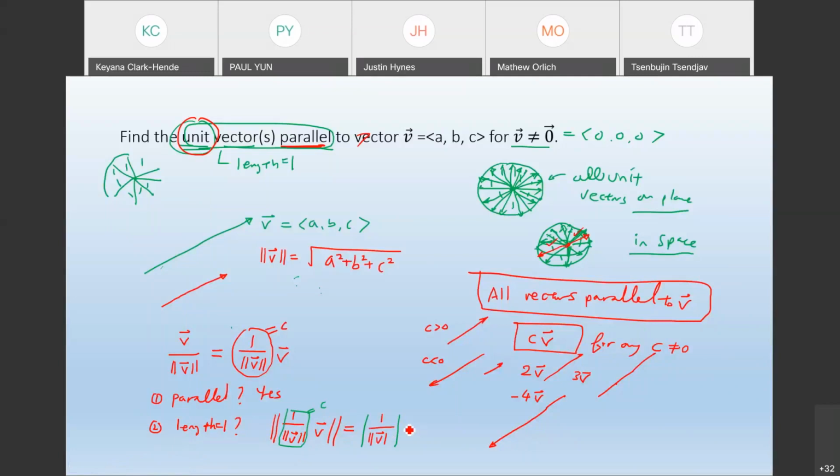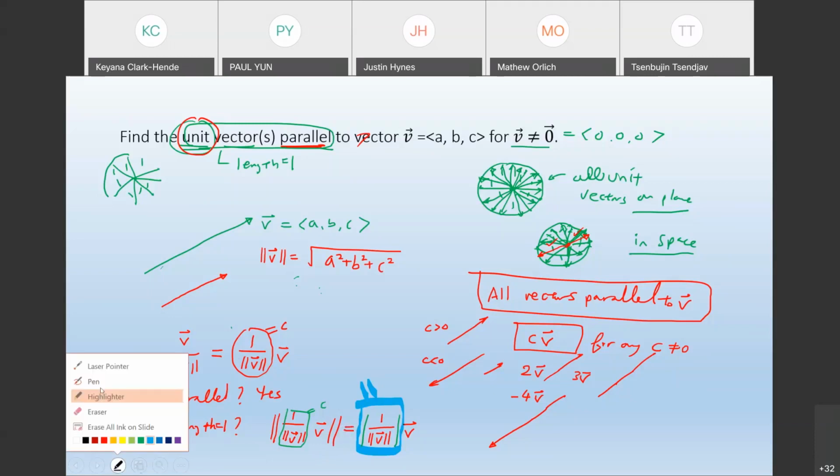Okay, vector V. Here's a crucial question, folks. Oops, I'm sorry, I forgot the absolute value here, and the magnitude.